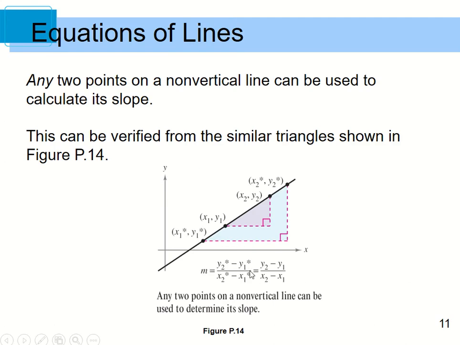First, we can find the slope of a straight line by using any 2 points. It doesn't matter which points you select, as long as you select 2 points, we will be able to find the slope.